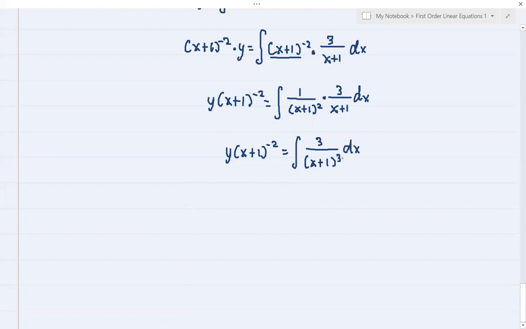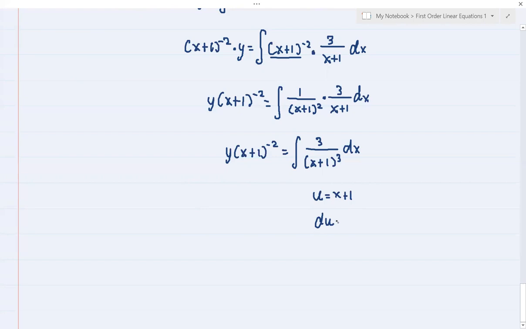So now that it is already simplified, we can now proceed to integrate this expression. So let's get the integral for this one. We're going to use u substitution. I will let u as x plus 1.